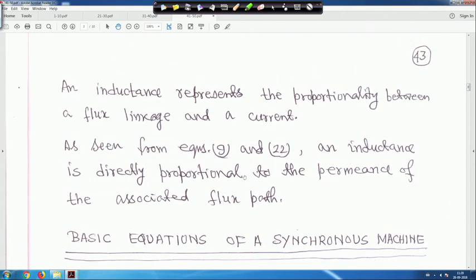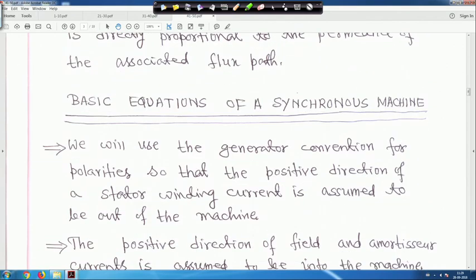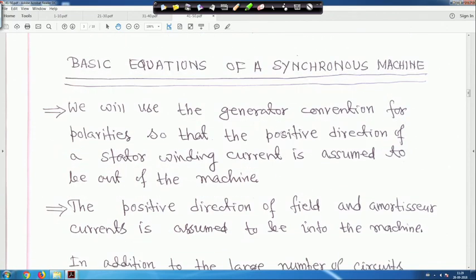Now, once this is done, we have to see the basic equations of a synchronous machine. We will use the generator convention for polarities, so that the positive direction of the stator winding current is assumed to be out of the machine. When you write the flux linkage equation, these things should be in your mind.